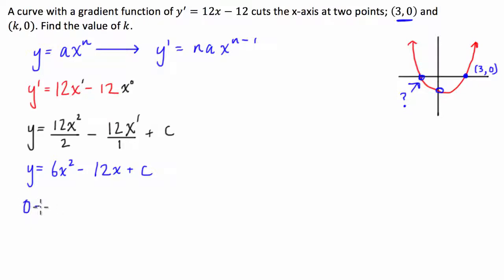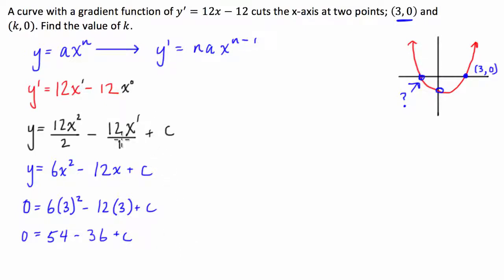So 0 is equal to 6 times 3 squared minus 12 times 3 plus c. Cool. And this is equal to 6 times 9 is 54, minus 12 3s are 36, plus c.